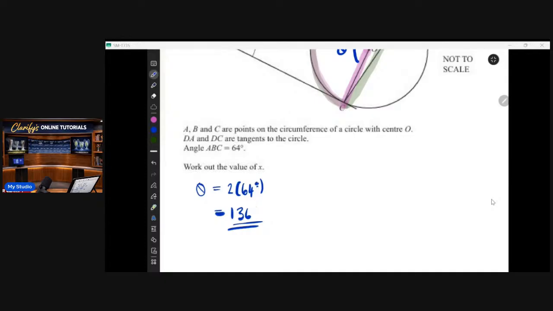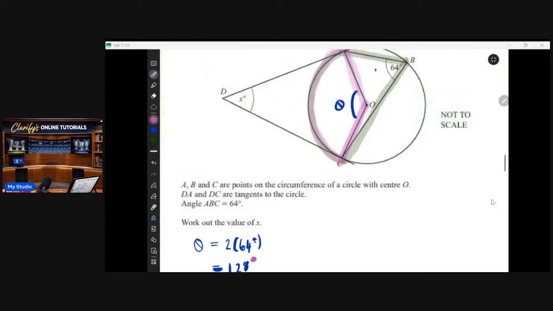What is it? Let's see. 128. 128, sorry. 128 degrees, right? That's theta. So we remove theta and say 128 degrees. Now, what can you know?